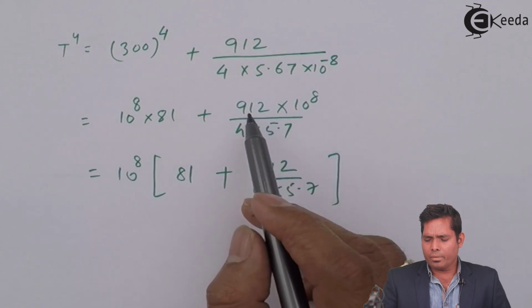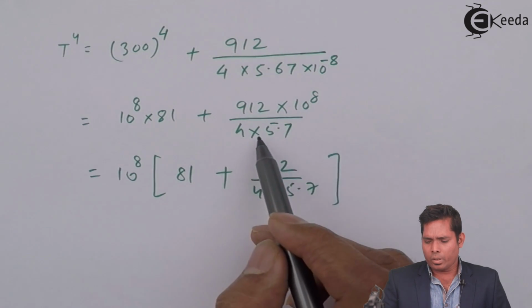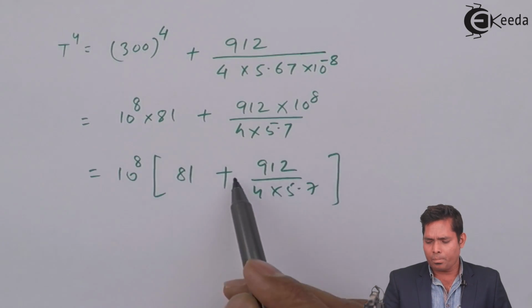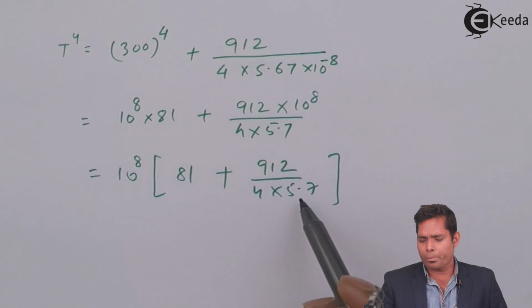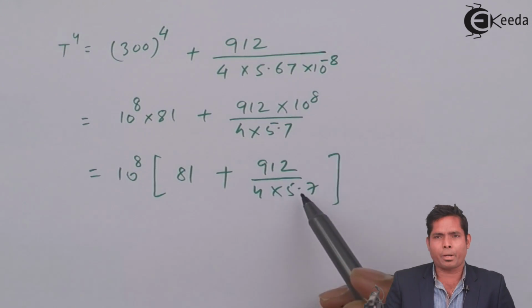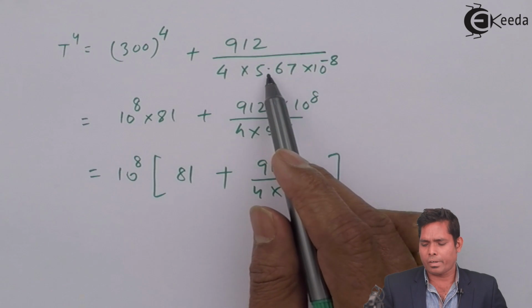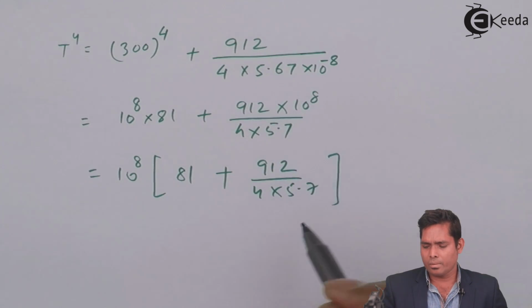Now if you take 10 raised to 8 common, this becomes 81 plus 912 divided by 4 into 5.7, because that is given as 5.7 (not 5.6, it's okay).